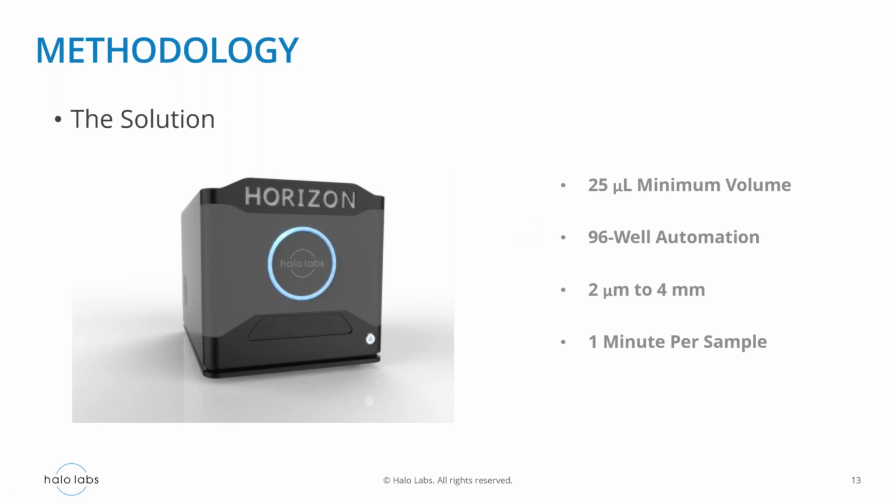I brought with me a lot of my drug discovery projects to the company, and I was immediately charmed by the small volume that the machine needs per sample to be able to detect these colloidal aggregates. It's amenable to automation. You know how important that is during drug discovery. You can look at the subvisible without a problem, from 2 microns to 4 millimeters.